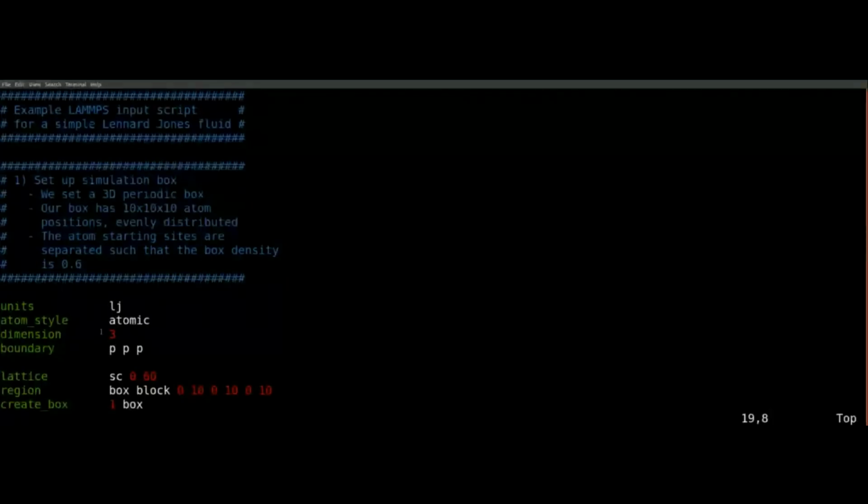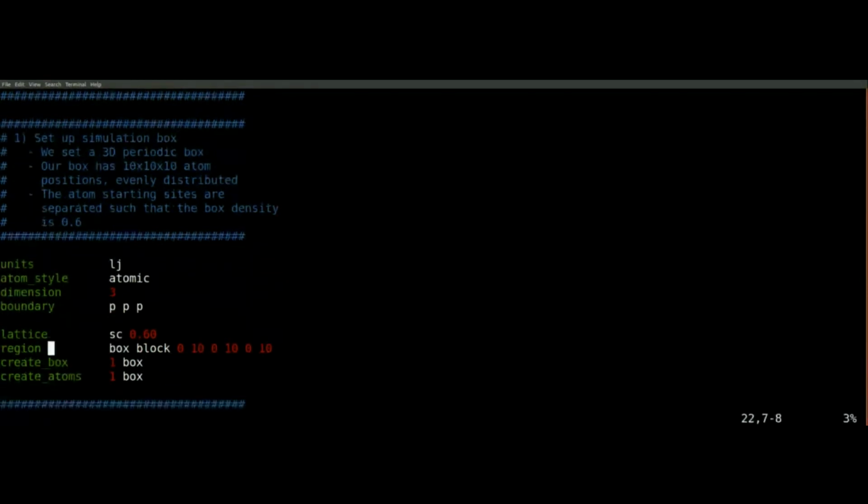And moving back to our input script, we start to define what our simulation box looks like. Here we're saying that we are going to set all of our particles on a simple cubic lattice, SC meaning simple cubic.